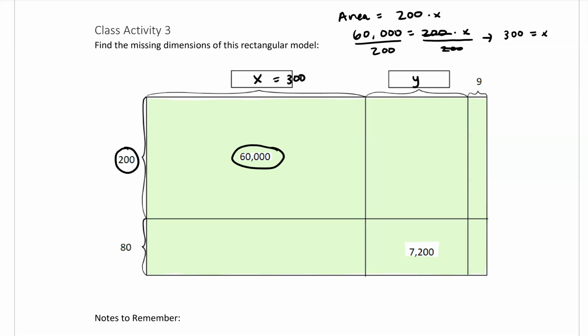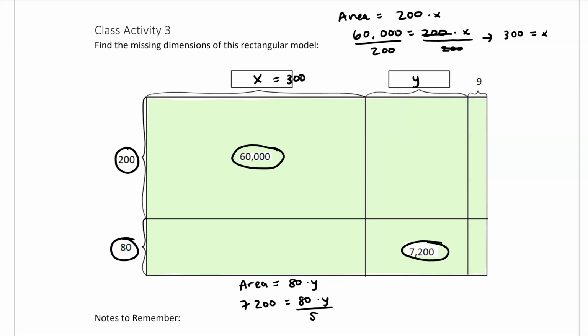Now we want to find y. So again, we know that this dimension is 80, and we know that the area is 7,200 units squared, and our goal is to find the length of y. So we know that the area of that rectangle is equal to 80 times y, but we also know that the area is equal to 7,200.